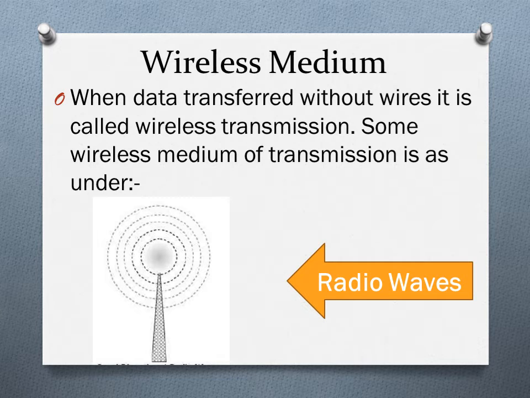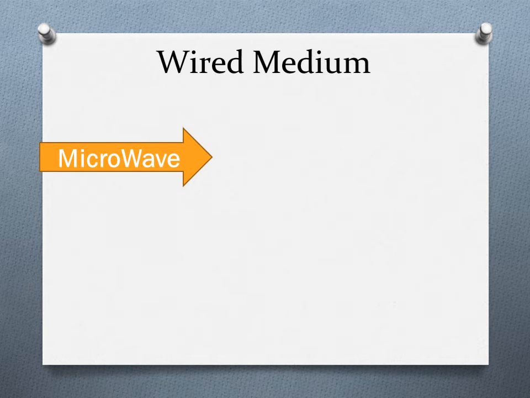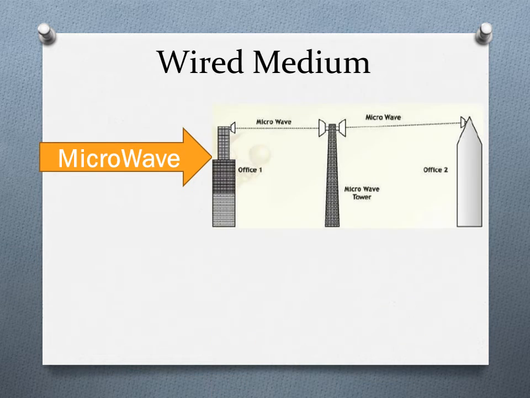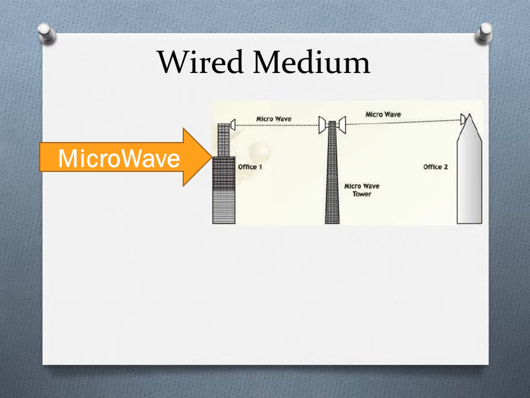Then microwaves. These are those waves which carry the data over long distance with high speed. High towers are built and microwave antennas are put on their tops to catch the signal as these signals or data travel straight in lines.